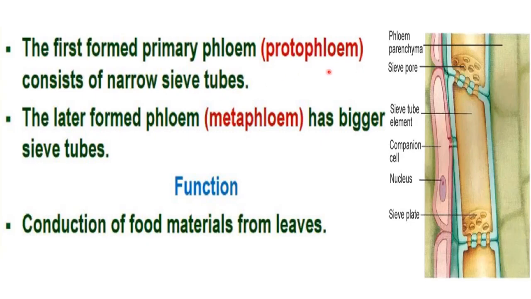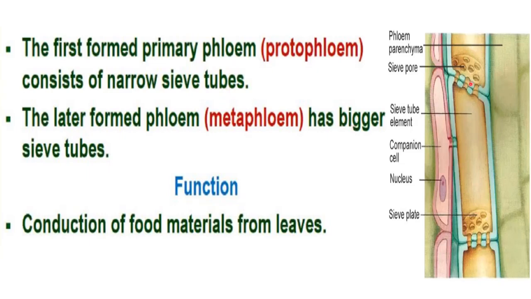So in protophloem sieve tubes are narrow, and in metaphloem sieve tubes are bigger, right?